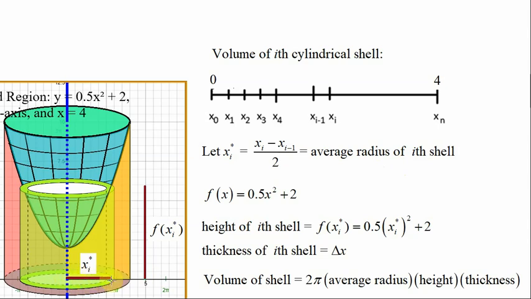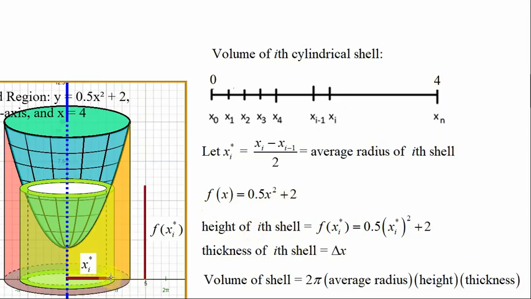The height of the shell would be the distance from the x-axis up to the curve. But the curve is f of x equal to 0.5 x squared plus 2. So this curve right here is f of x equal to 0.5 x squared plus 2.